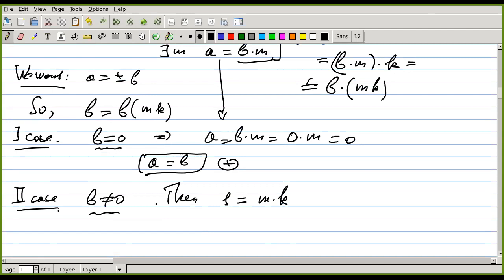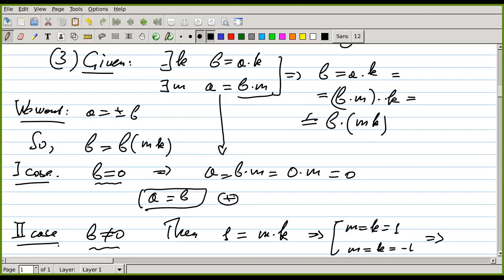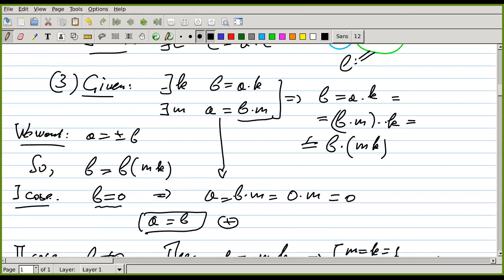Now we resort to the elementary properties of multiplication one more time and conclude that either m and k are both 1 or they are both minus 1. So in the first case, we see that b equals a.